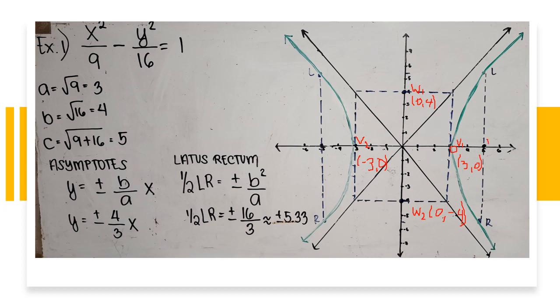You have there the focus sub 1. So we have there your 5 and 0.